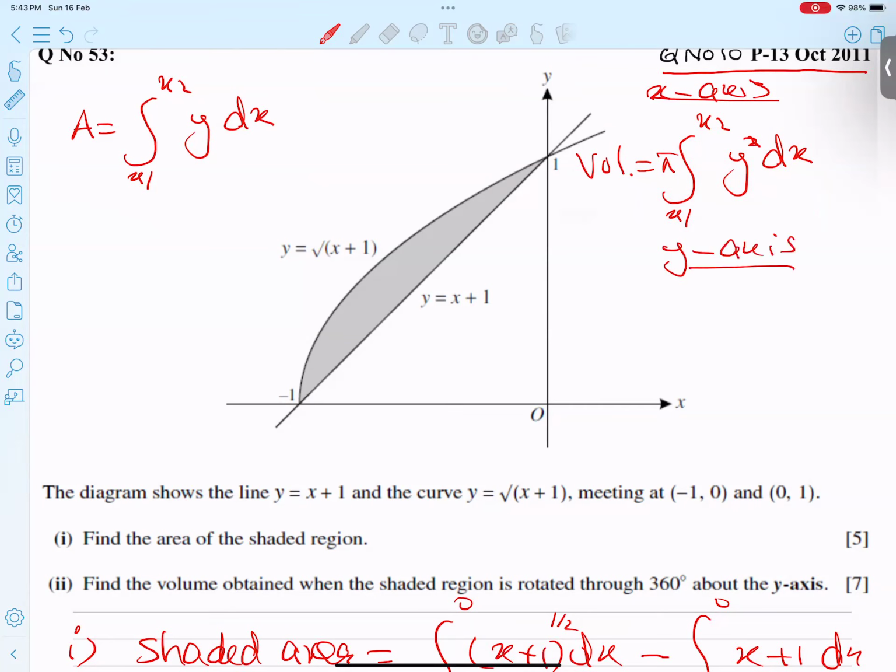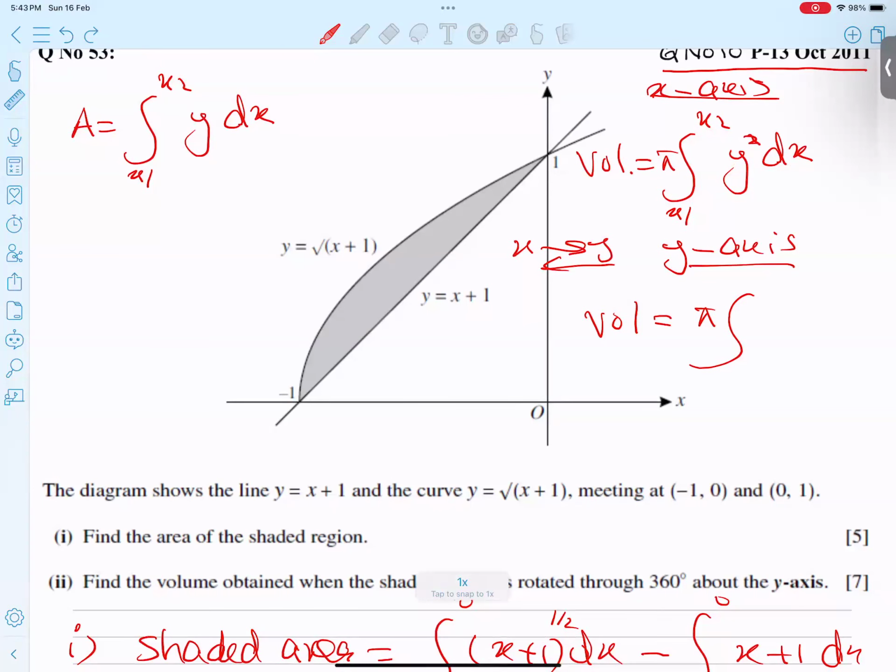Every x becomes y value and y becomes x value. So the volume formula will turn to be pi, this x1, x2 will turn to be y1, y2, and this y square will become x square, and dx becomes dy. So let's start. But the problem is that he said about the y-axis.